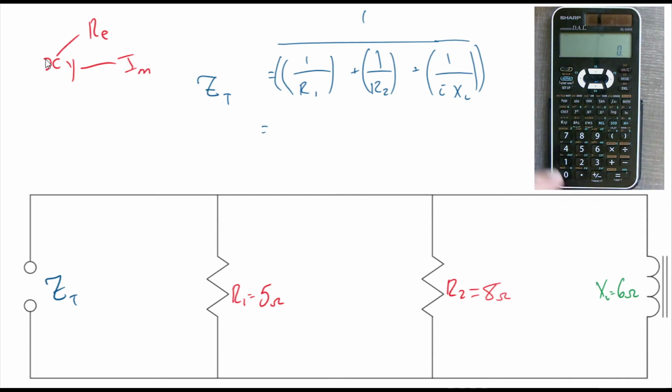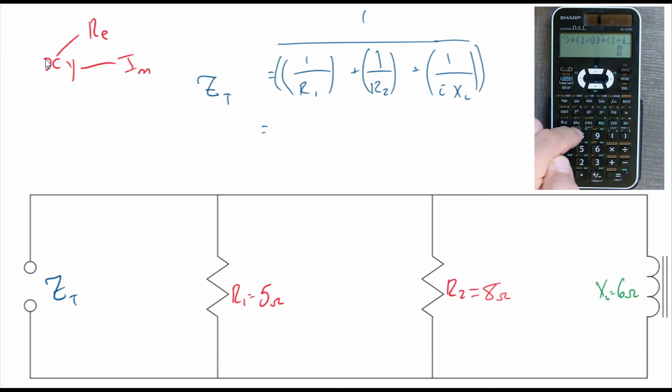So now that we're in the proper setting, I'm going to do 1 divided by, and I have to put my first bracket in. Now we're going to enter our first value, which is 1 over R1, which is 5 ohms. I just keep going. Plus, bracket, 1 over 8 ohms, close the bracket, plus 1 over, and now this is where we come into the convention of our complex numbers.